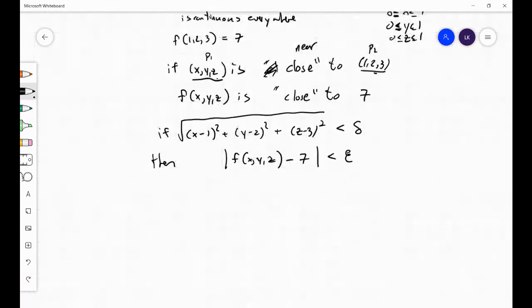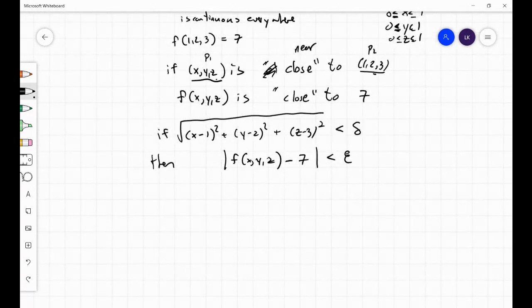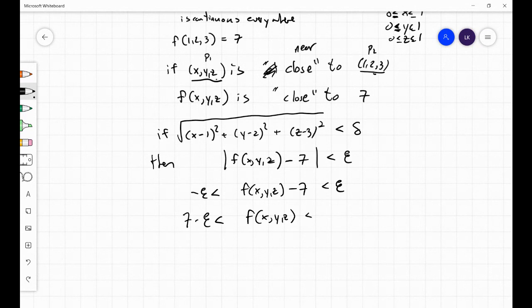If you unfold this and add 7, the value of the function will be guaranteed to be between 7 minus some small amount and 7 plus some small amount.